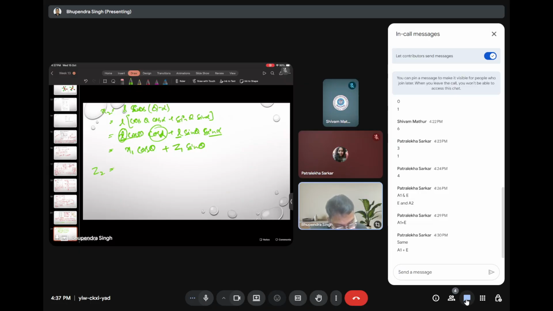Now z2 will be L sin of theta minus alpha, which is L sin theta cos alpha minus L cos theta sin alpha.